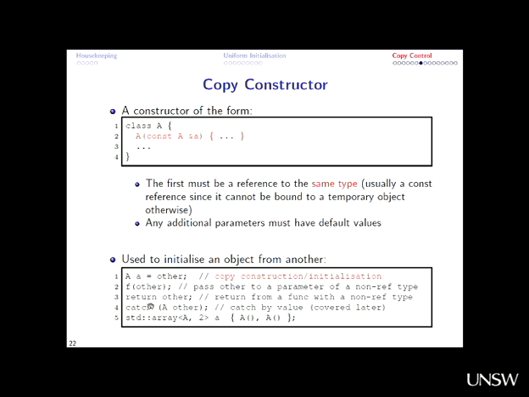When we catch, and we haven't talked about try and catch yet, but when we catch by value, the copy constructor is going to be called. When we create an array of objects, or a list, or a vector, some sort of container of objects, and we put things into that container, we are copying them. The copy constructor gets called.